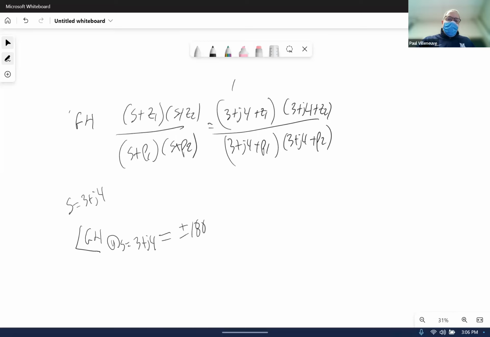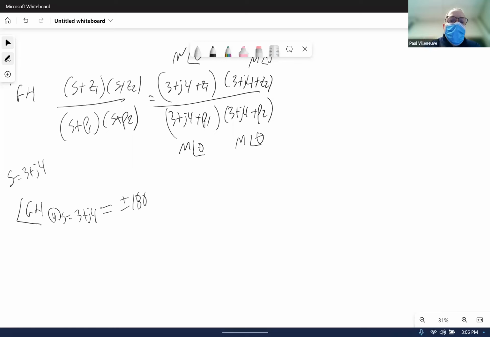Well, this has a magnitude and an angle. Magnitude and an angle, magnitude and an angle, right? So what you're going to do is we'll just call this theta Z1, and you're going to add to it the corresponding angle that you would get for theta Z2. And the way that you get the angle is the inverse tangent of the imaginary part over the real part.